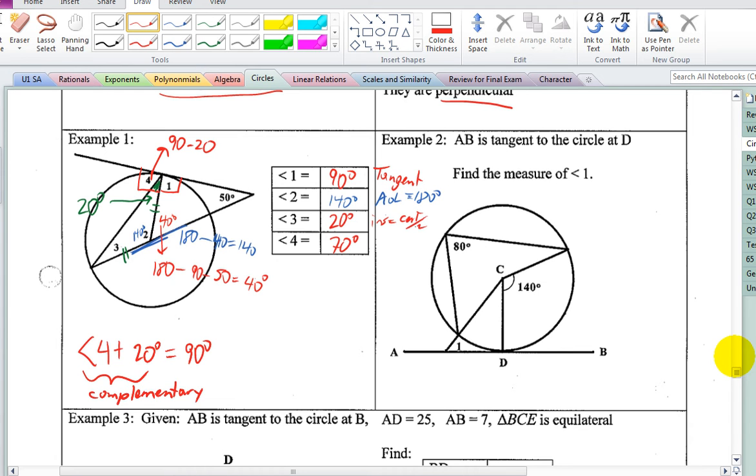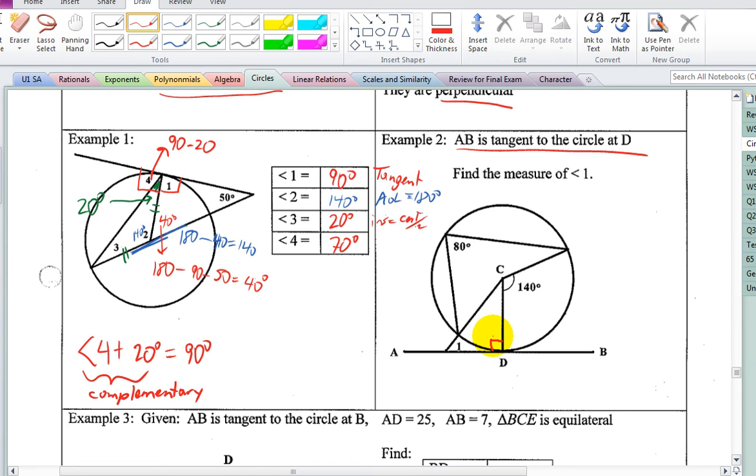Example 2. AB is tangent to the circle at D, so mark that on your diagram. So everyone in class should have drawn 90 degrees. So we need to find the measure of angle 1.